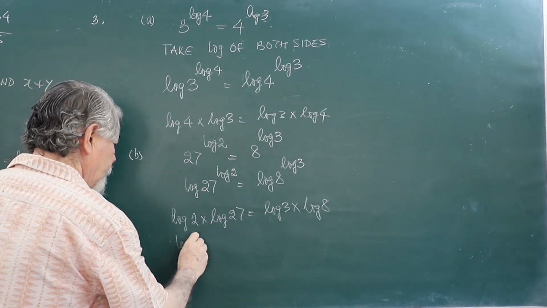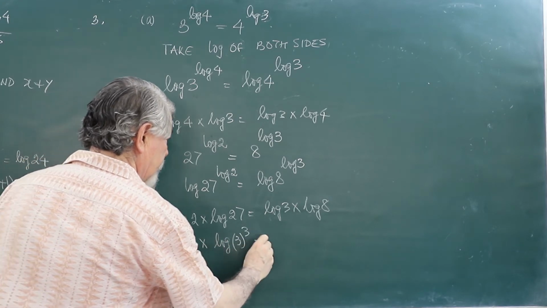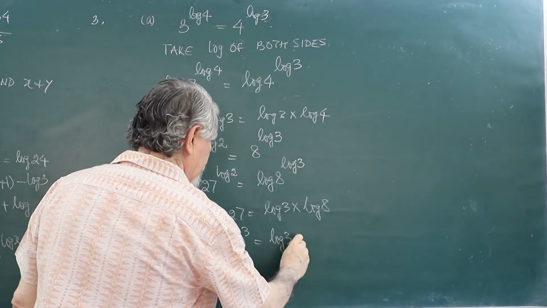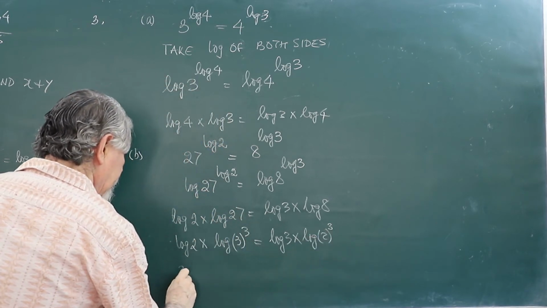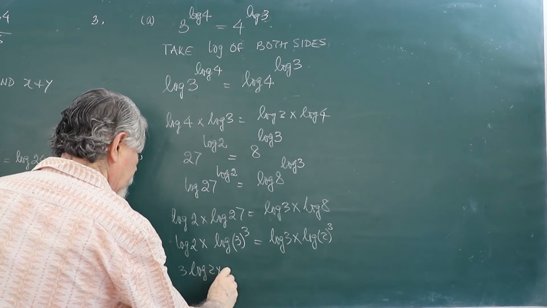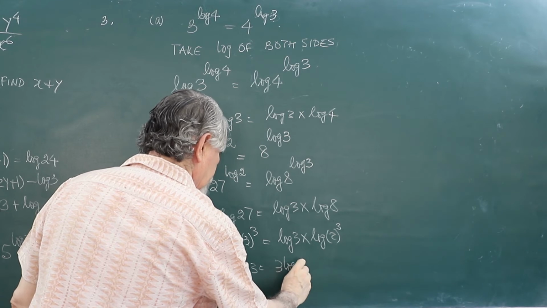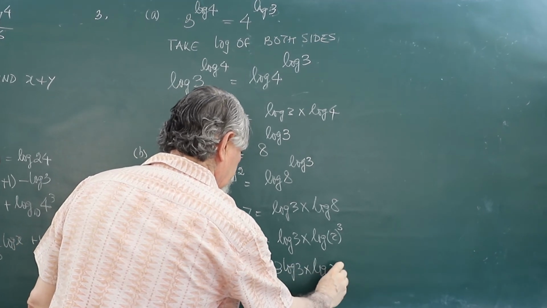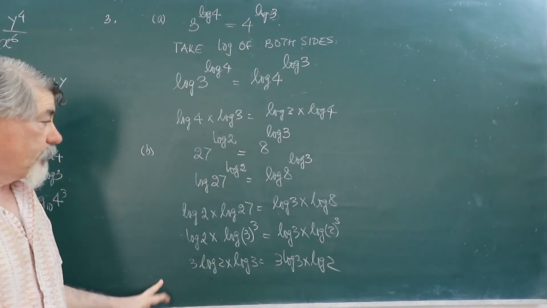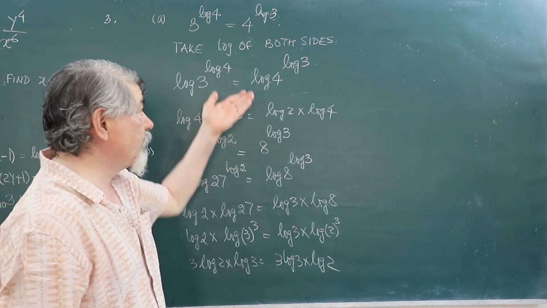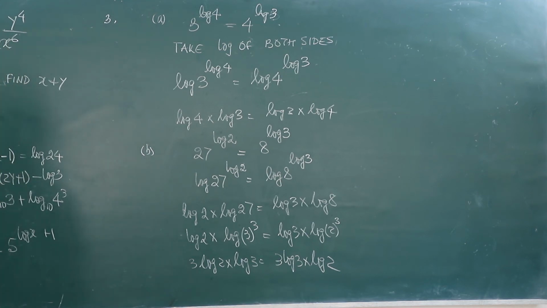So log 2 into log 3 to the power 3 is equal to log 3 into log 2 to the power 3. 3 log 2 into log 3 is equal to 3 log 3 into log 2. So log 2, log 3, log 2, log 3, 3 and 3, they are equal. They are absolutely equal here also. It's just manipulation, nothing else. Question number 3 we have done.